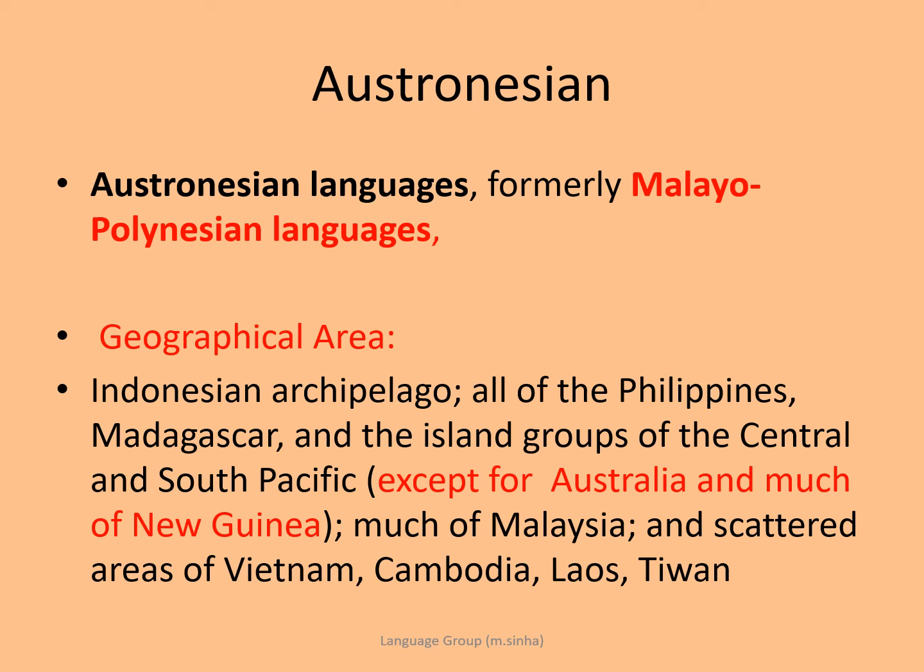The Philippines, Madagascar island, and the southern and northern parts of Australia, most of the islands are familiar with that type of dialect. Vietnam, Laos, Cambodia, Taiwan also follow the Austronesian dialect.